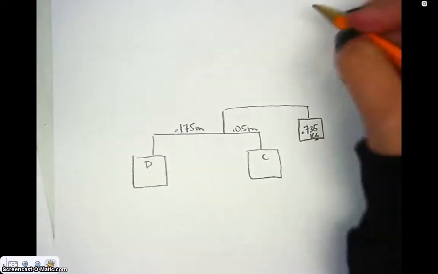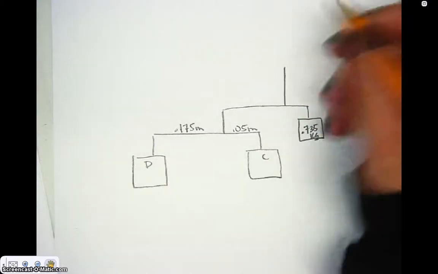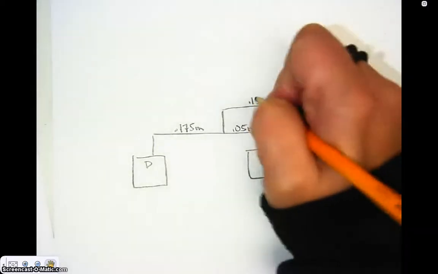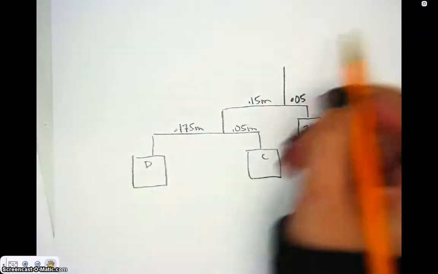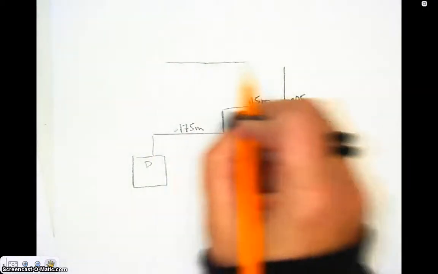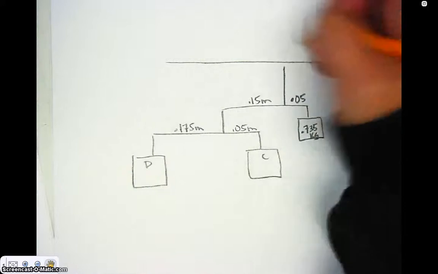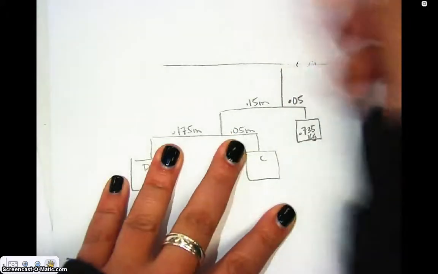And then there's a string hanging here, which has 0.05 meters, and then 0.15 meters, and then the last one is like this. Oops, it should look like this, sorry.